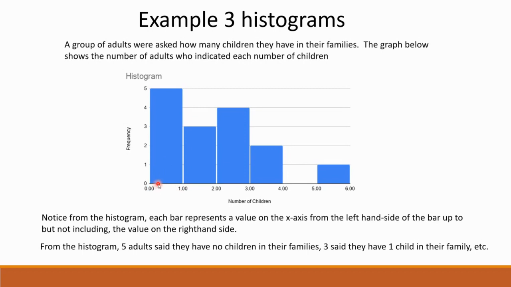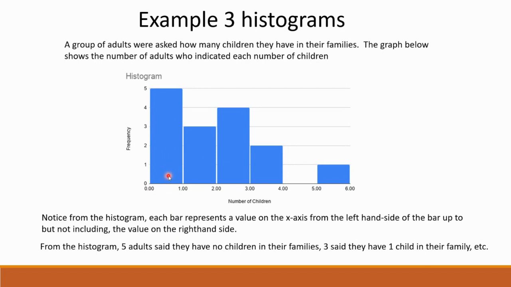You can't have half a kid, but that's how you read it. So 1 would not be in here. 1 would be in here. If the context was different and numbers like a half or a fourth were allowed, those would be in here. So you're basically including everything from the left endpoint up to, but not including, the right endpoint.